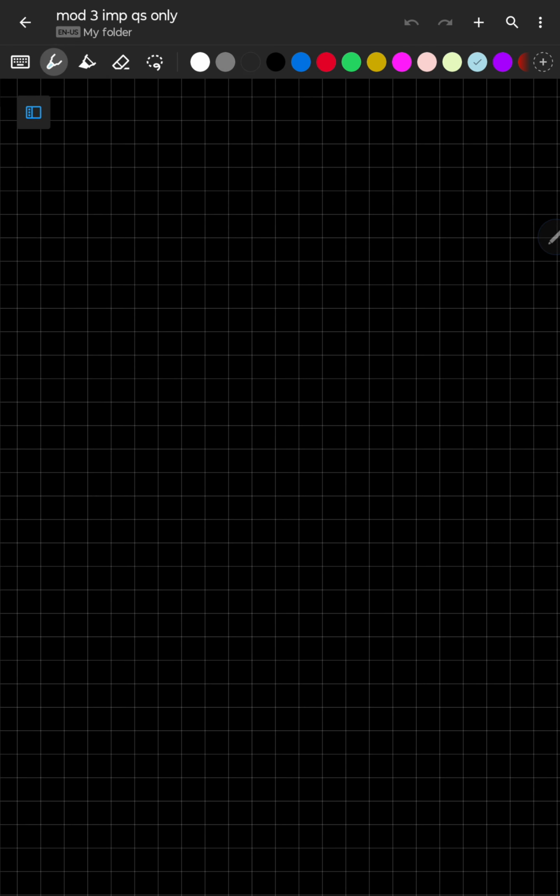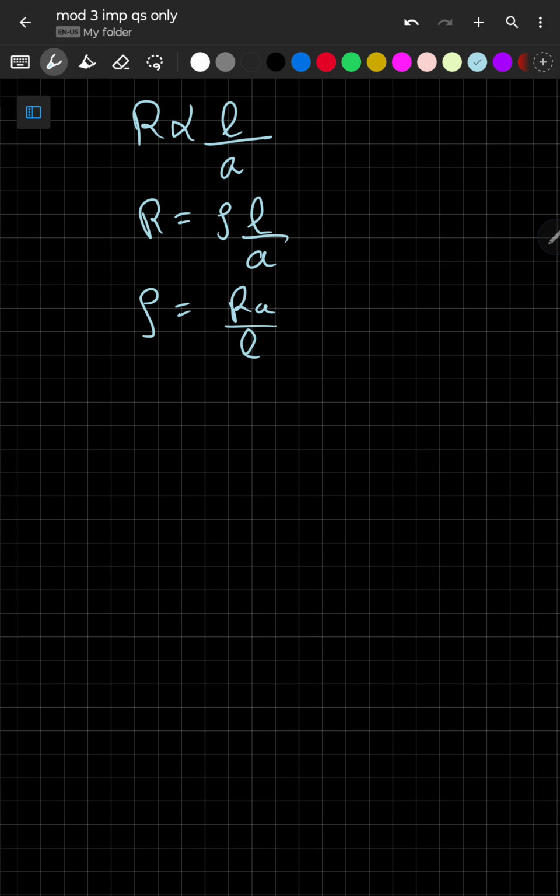So first step: R is directly proportional to L by A. Till this much we know, right? How will we get it? R is equal to rho L by A. Rho is equal to RA by L. Kappa, I hope we write like this only, is equal to 1 by rho, because we know C is equal to 1 by R. So conductivity is equal to 1 by resistivity.